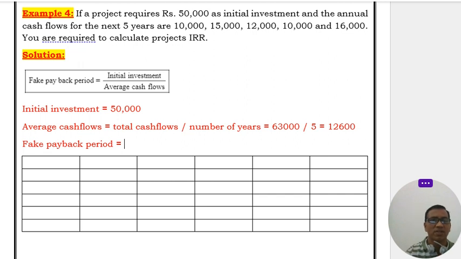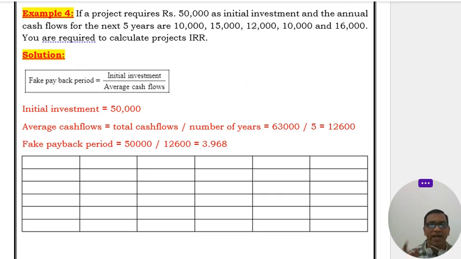Initial investment 50,000 divided by average cash flow 12,600, that equals 3.968. Yes, this is the fake payback period.